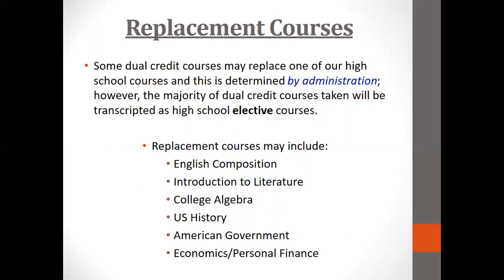However, the majority of dual credit courses taken will just be high school electives. Replacement courses that we have seen and use a lot are: 12th grade composition class, where you can take a college composition class; 12th grade literature class, British literature, where you can take intro literature on a college level; and as a senior, an upper level math class, which could be college algebra.